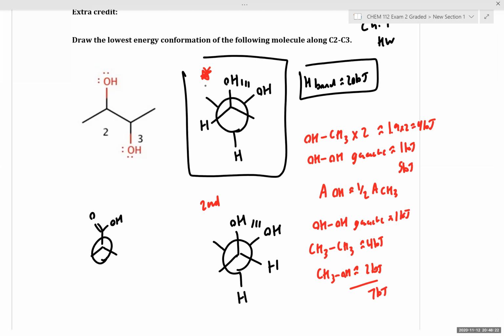Anyway, the main point I have for this is don't neglect to look over the homework. I provided the hydroxy gauche interaction, but the point of that homework question was to think for a second: wait, why is it marked off?